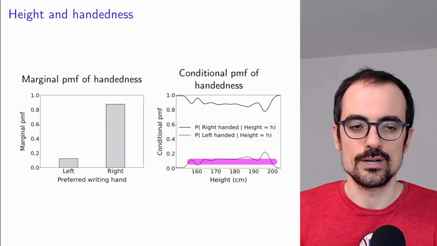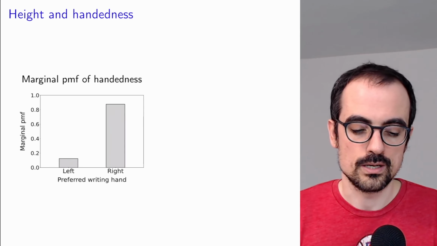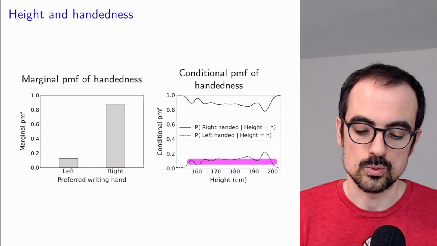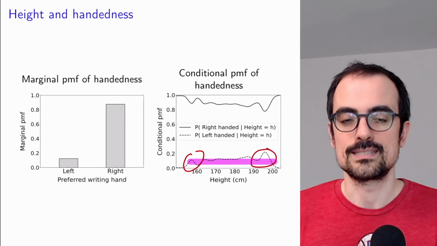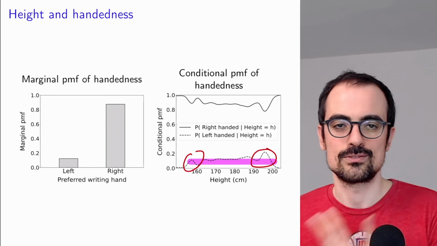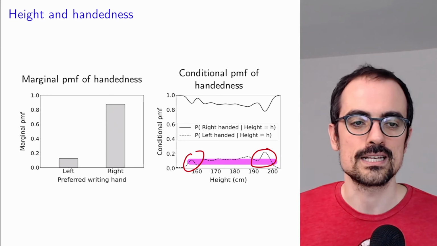It's kind of noisy because here we don't have a lot of data. So for people that are very tall or very short, you don't have a lot of data, which is why this is noisier here and here. But still, it's pretty clear that height and being left or right-handed are not very related in this data set.